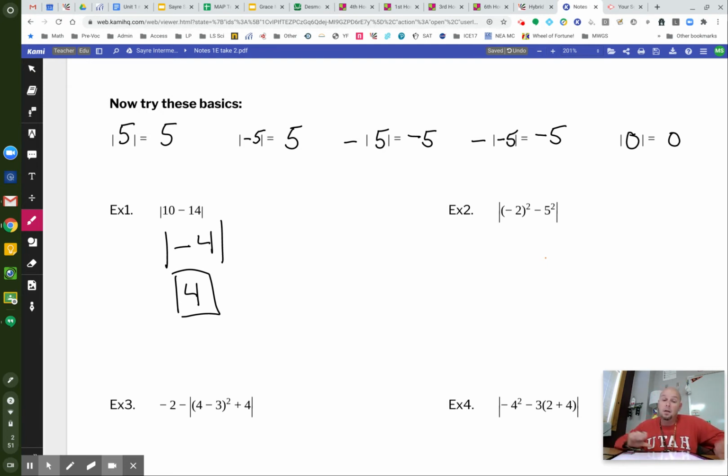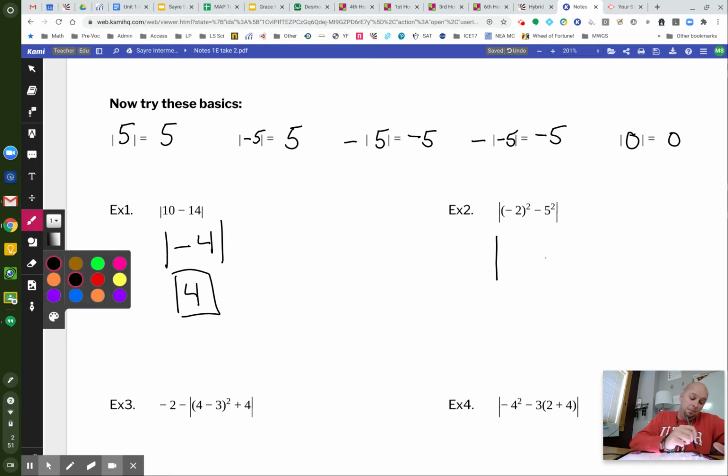All right. Now I'm going to move on to example number 2. And order of operations still applies, by the way, because when you're inside an absolute value, you do what's inside the absolute value first, but you got to follow order of operations. So if I look at this, I still have an absolute value, okay? And then since this right here is inside parentheses, if I do parentheses negative 2 squared, I get a positive 4.